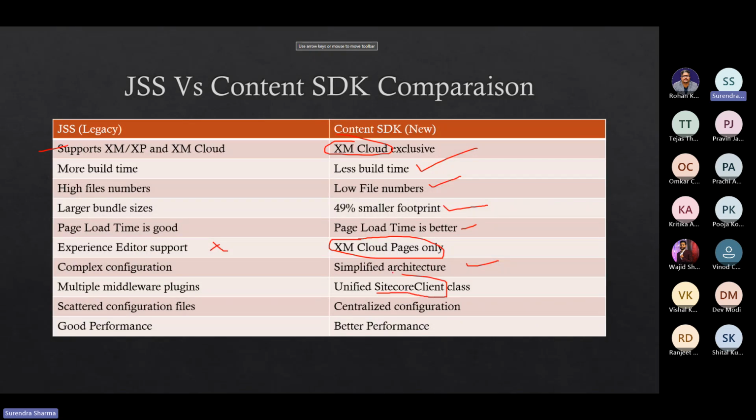And with that Sitecore client, you can get the Sitecore related context very easily here. For doing the centralized configuration, there is a config file that we have seen so that you can use it. And if you see the overall performance, because of the low number of files and the smaller footprint, its performance is much better than the normal JSS based website.